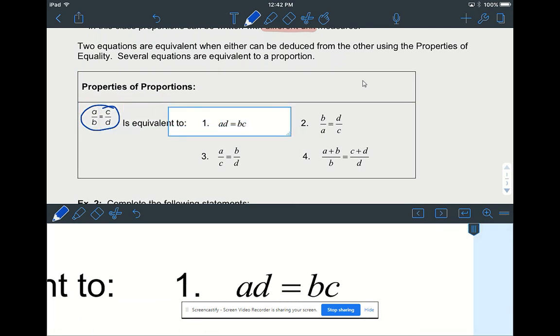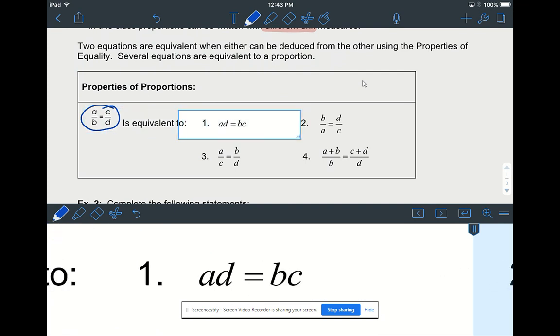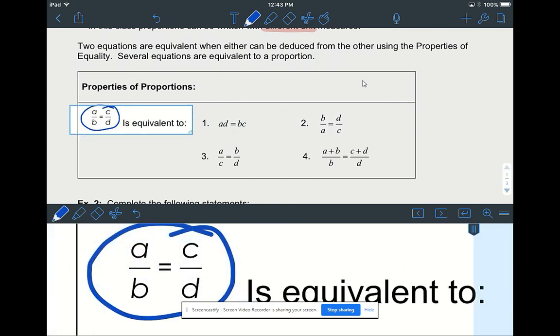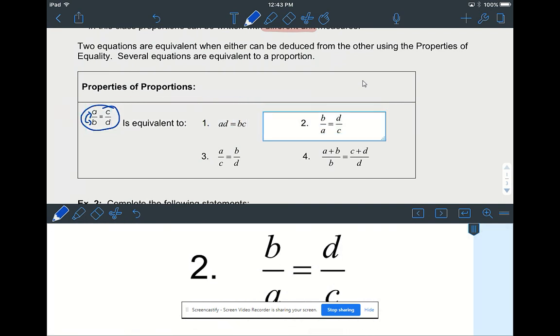The first one would be multiplying across. If we took our ratio and cross multiplied, that would give us option 1: AD equals BC. Option 2, it's also equivalent if we take our first one and flip it upside down. So A to B equals C to D would be the same as saying B to A equals D to C. You're just flipping your fractions upside down.